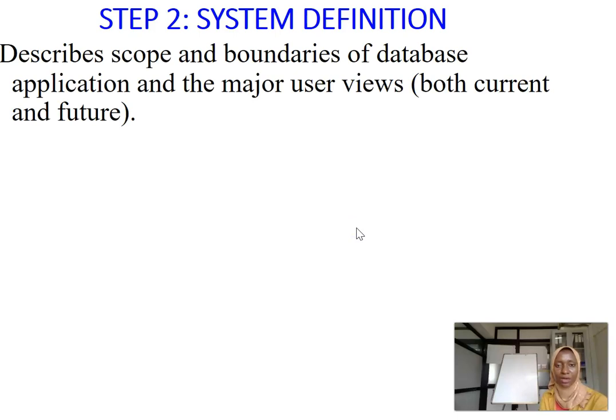So after planning, we go to systems definition. Now, systems definition essentially looks at the boundary of the project. It looks at the scope of the project. So organizations usually have, let us look at Makerere University, okay?